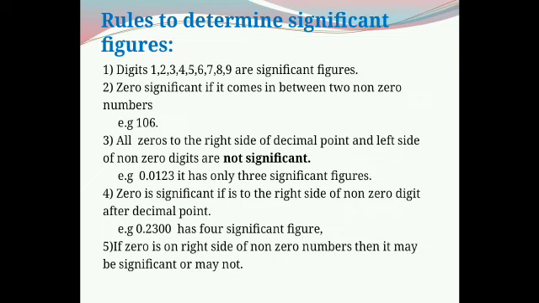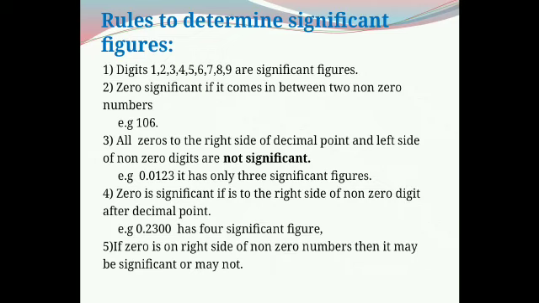The fourth rule is: 0 is significant if it is to the right side of a non-zero digit after the decimal point. The example is 2300. Here the first 0 comes on the left hand side of a non-zero digit and it is also before the decimal point. Therefore, it is not considered a significant figure.